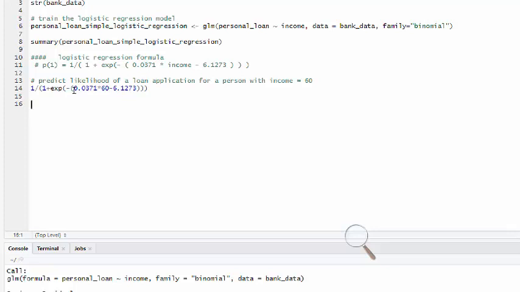Anything below 0.5 is a 0, anything above 0.5 is a 1. Simple as that. 0.5 is my default cutoff probability, just the same as what we had before for the classification tree. You see how we're using our knowledge from the previous models?